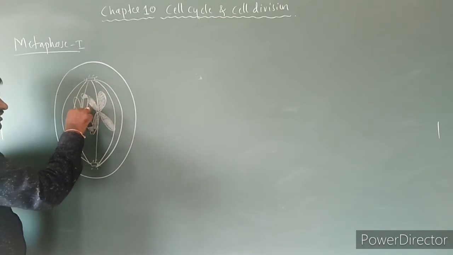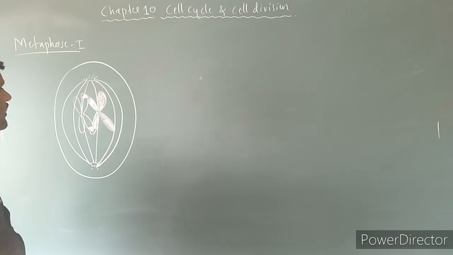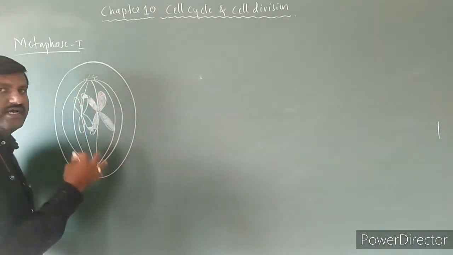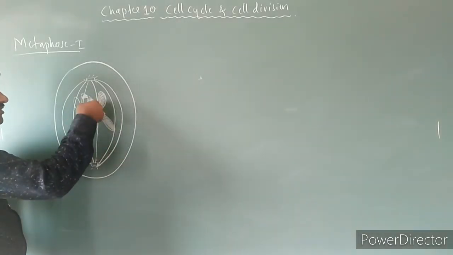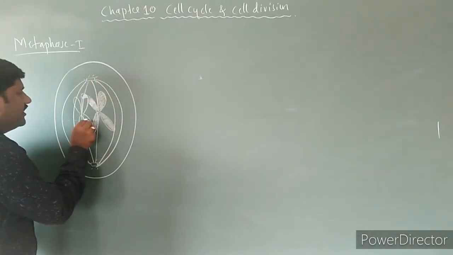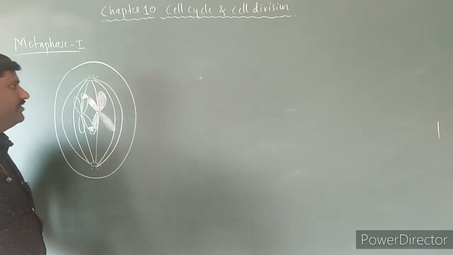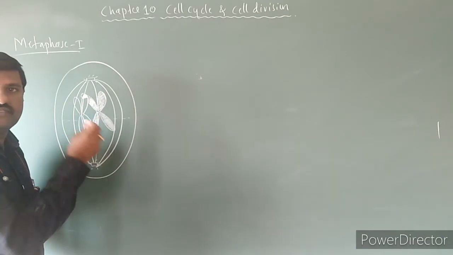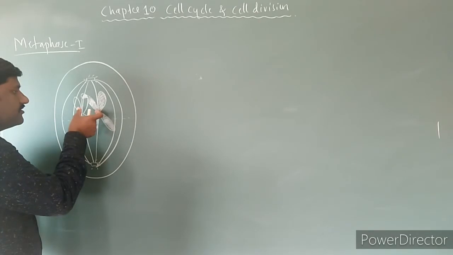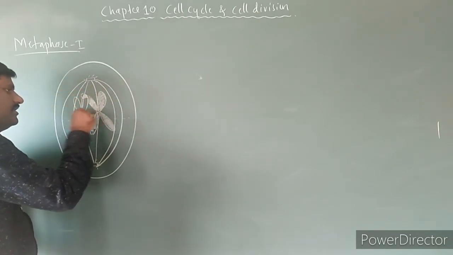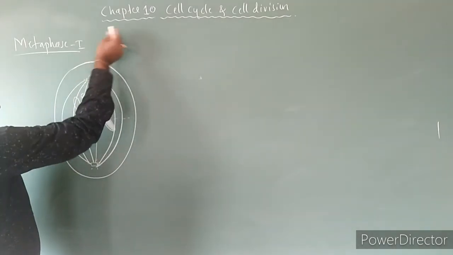See here, they attach to the centromere or kinetochore, and these chromosomes are lying unevenly, not evenly, and all these chromosomes are brought to the equatorial line. For your understanding, I have drawn the diagram of the chromosomes large enough. So these chromosomes have to be brought to the equatorial line, right?